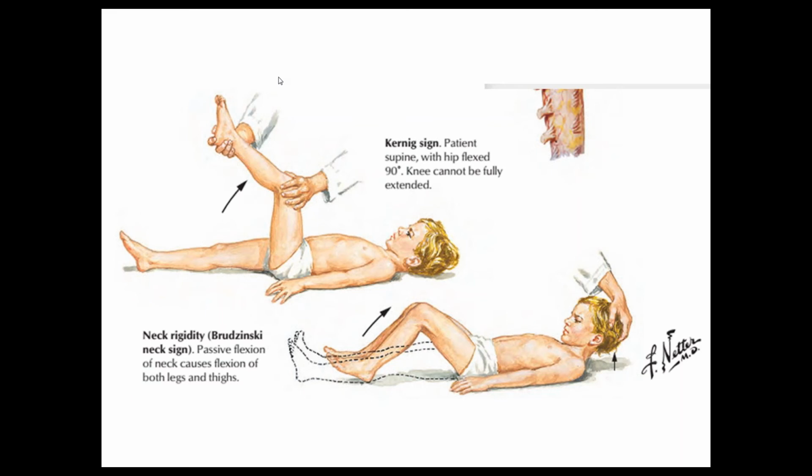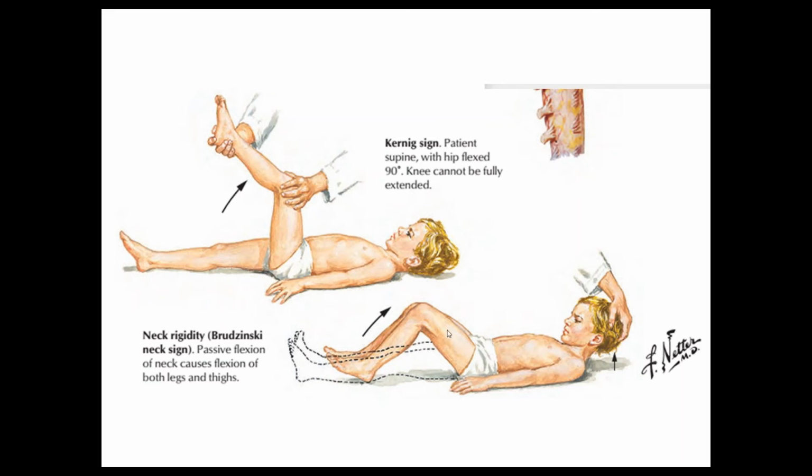So our patient could do this, but the other test is if you raise the back of the patient's head off of the mat, and a positive Brudzinski sign is flexion of both legs and thighs. These two tests indicate meningeal inflammation.